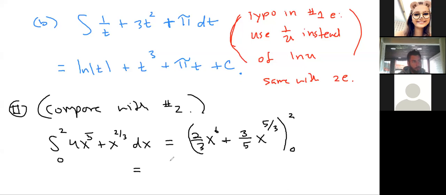So when I plug 2 in, I have 2 times 64 over 3 plus 3/5 times 2 to the 5/3. And then that's minus what happens when I plug in 0, which is 0.